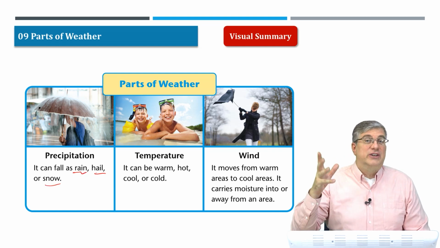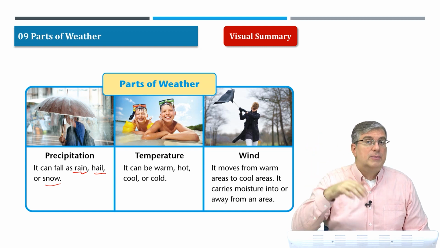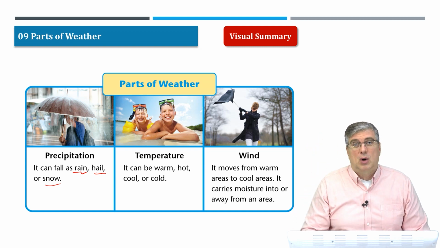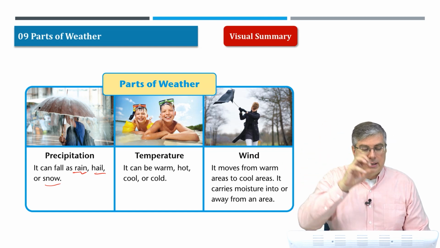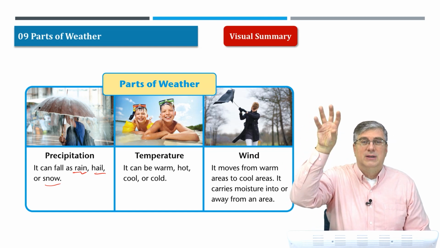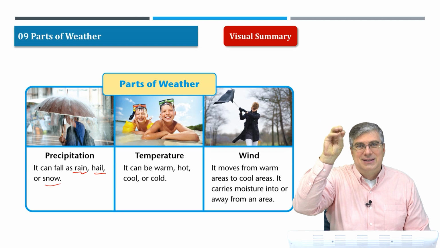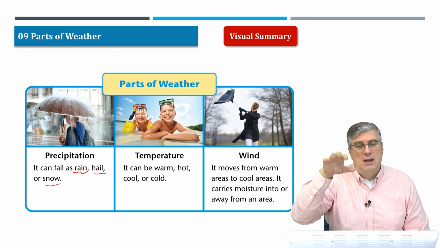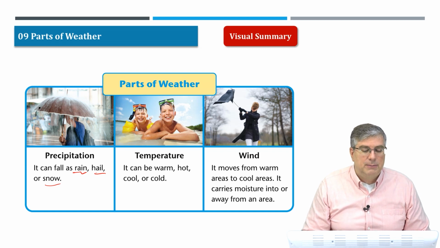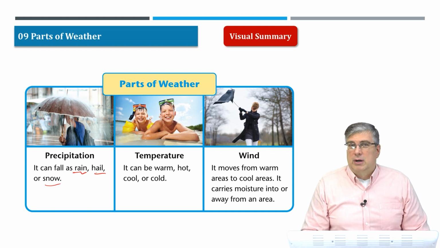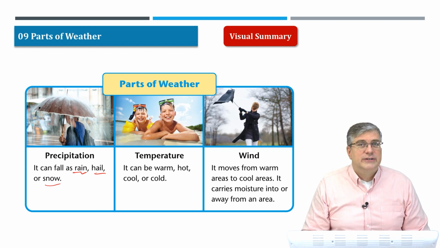Precipitation, remember, is just water falling from the sky, okay, as a natural process of evaporation and condensation, right? The water evaporates, goes up into the cool air, condenses, gathers together, and then falls down as rain, hail, or snow. That's precipitation.